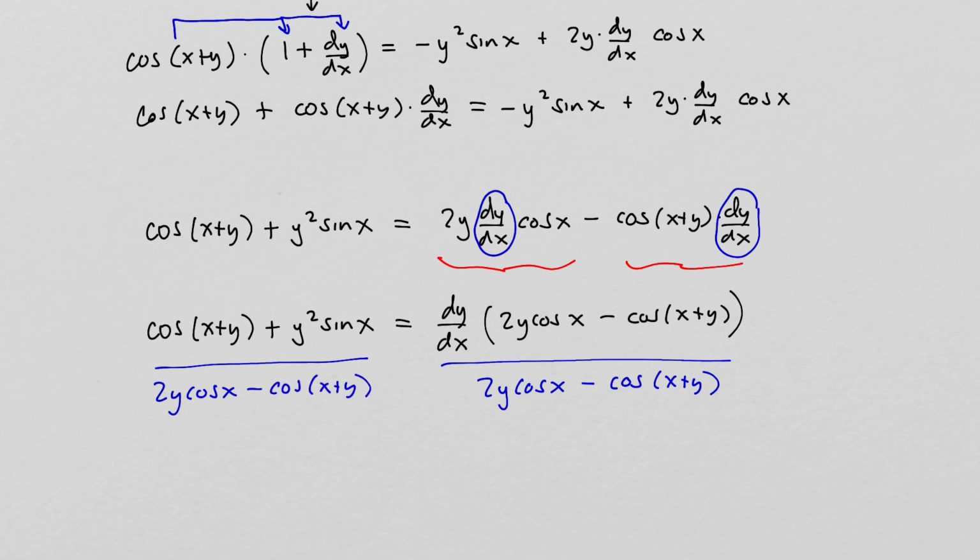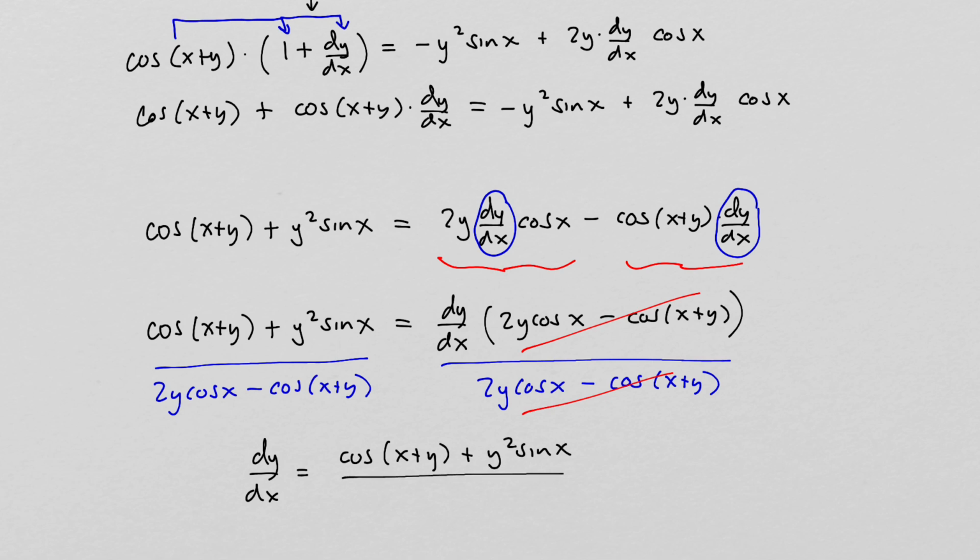And once we do that, these terms will cancel each other out, and we end up with dy/dx is equal to the cosine of x plus y plus y squared times the sine of x over 2y cosine of x minus the cosine of x plus y.